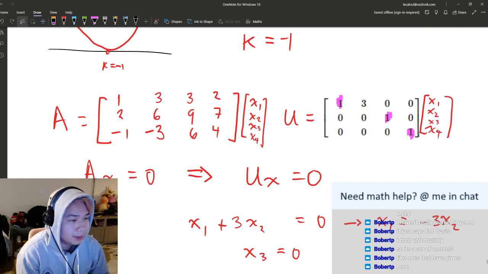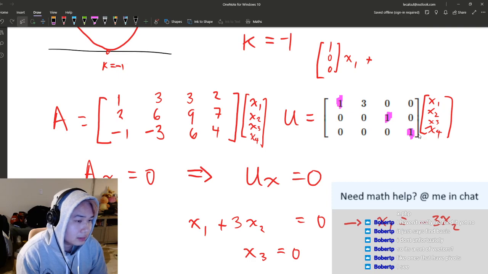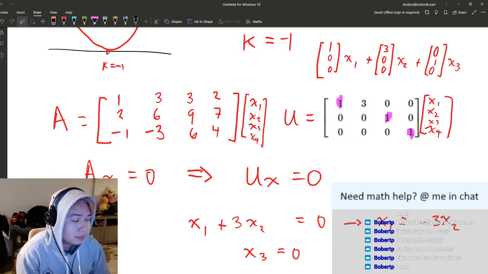And if you do your matrix multiplication, this ends up being the first column vector times x1, plus the second column vector times x2, plus the third and the fourth.